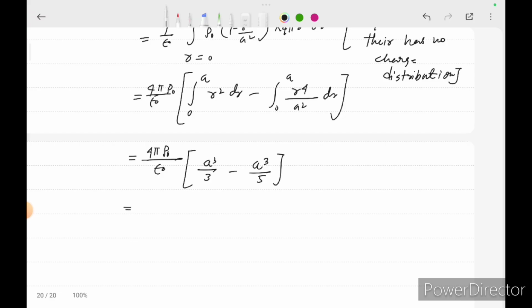So finally we get 4 pi rho naught upon epsilon naught times 2a cubed upon 15.